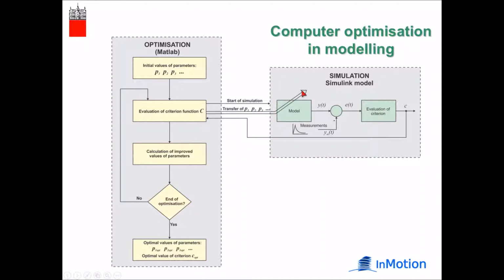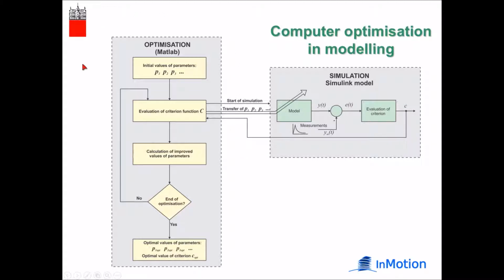So we have a structure, and parameter optimization will define the parameters. We also have the measurements in data files, so we compare the output of the model and the measurements and generate the error signal. On the basis of the error signal, we calculate the criterion function.